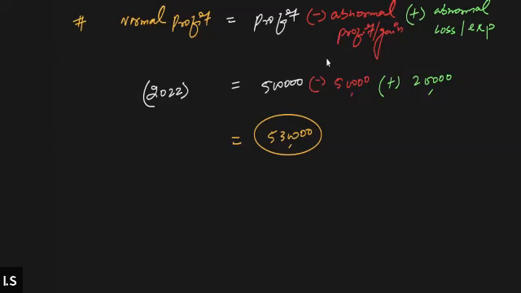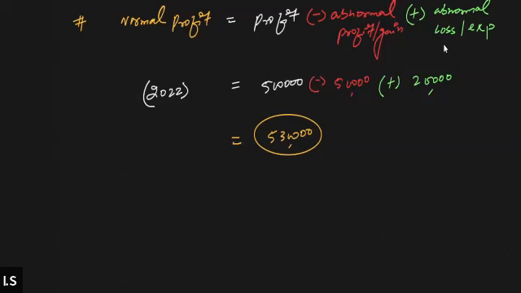Okay, so what, Saf, if there's a loss? If there's a loss, will we add the abnormal profit or gains and subtract abnormal losses or expenses? Sorry, I didn't understand your question. Here the formula is profit minus abnormal profits or gains plus abnormal losses or expenses, right?